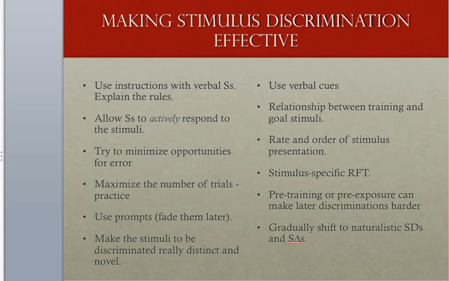And then gradually, if you start out with artificial discriminative stimuli, SDs and S deltas, then you're going to need to gradually shift to more naturalistic versions. So if you start out with things that are very artificial, for example, stop signs or walk and don't walk signs, little tiny versions on a piece of paper are not the same as the neon ones that they're going to see.